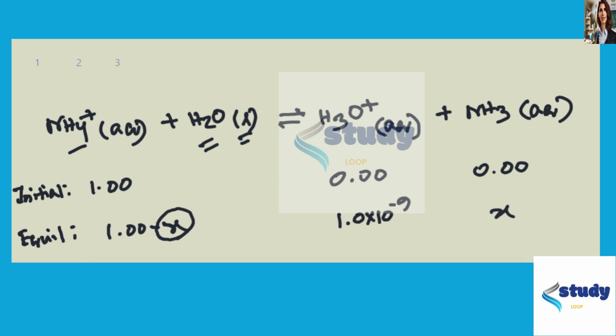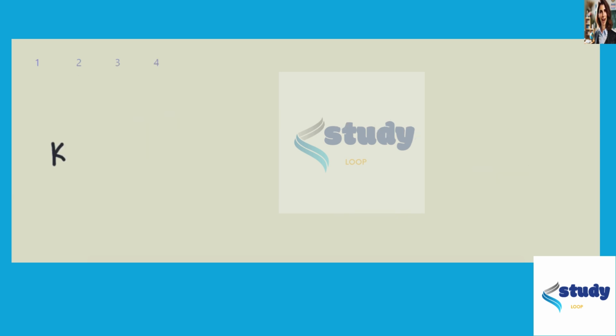Now if we set up the equilibrium constant, the Ka is the product concentration over the reactant concentration: H3O+ times NH3 over NH4+.